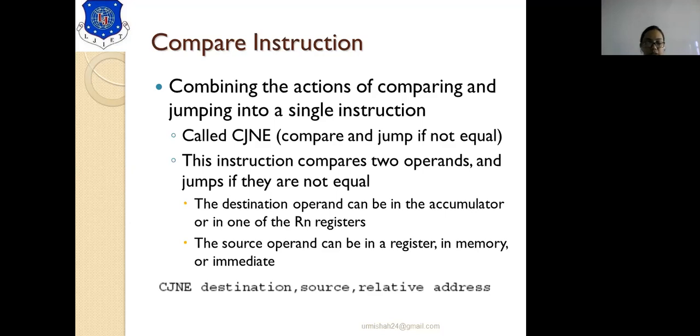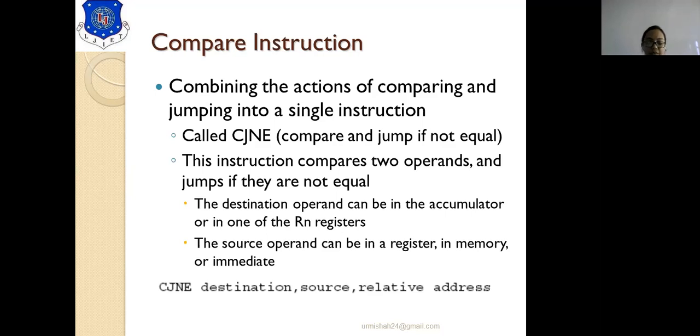This instruction compares two operands and it jumps if they are not equal. Here the destination operand will be the accumulator, or it can be one of the registers. The source operand here will be a register, memory or immediate data.